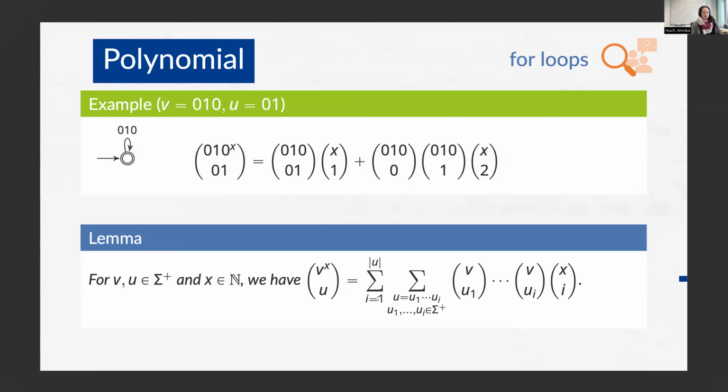So we start with u not factorized until we factorize it into letters, and then we take the binomial coefficients of the loop separately with the factors, times x over the number of factors. So this here is just the part of the equation from below for i equals 2. Yes, exactly, that's why we have x over 2 there.